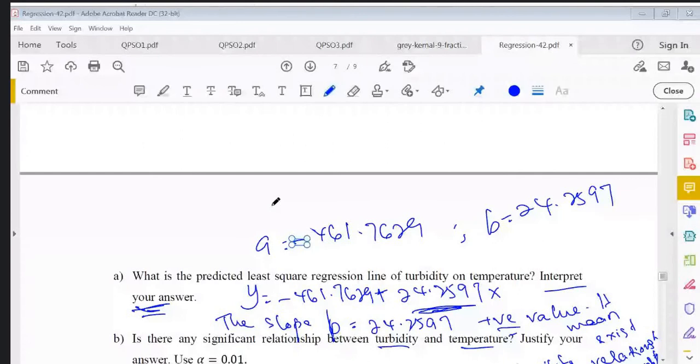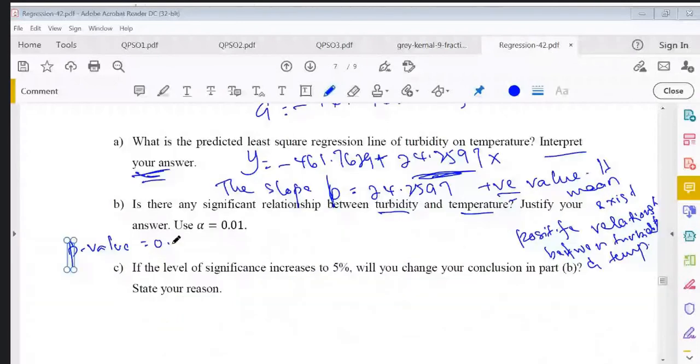If you see, this one is greater than alpha, so accept or reject? Accept. When we accept, there is no relationship. Exists no relationship.